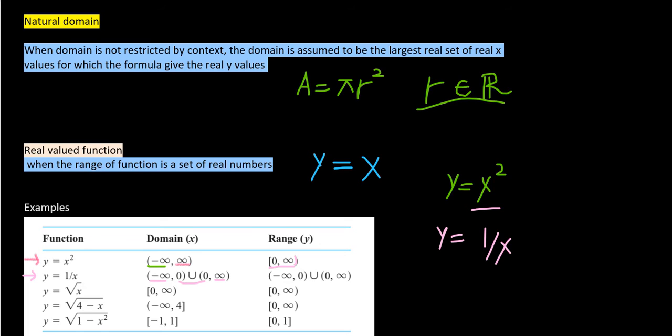The range also doesn't contain 0, but it may have negative or positive values. If I put 1 over 0, that will give an undefined value.